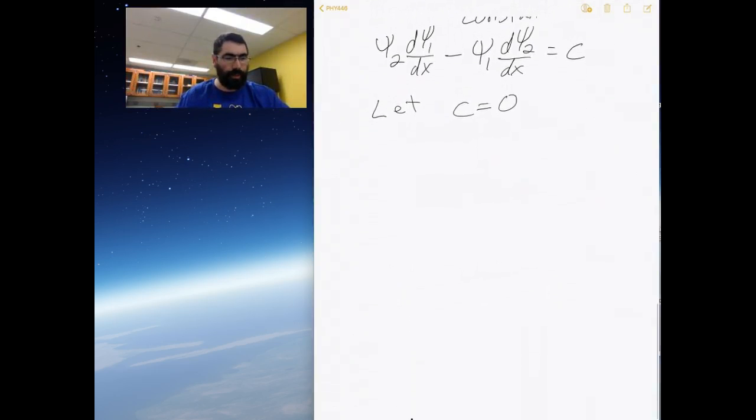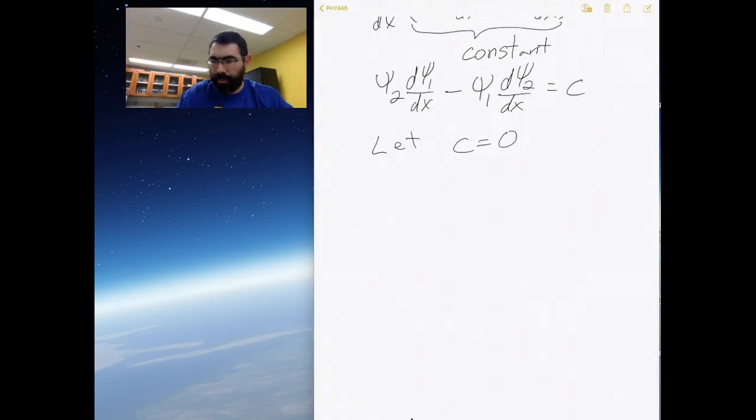Okay, so if that was true, then now I can rewrite this as psi 2 derivative of psi 1 with respect to x is equal to psi 1 derivative of psi 2 with respect to x.